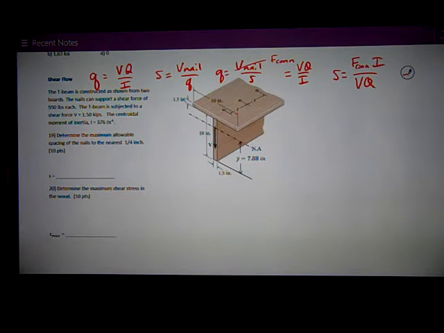Now Q is the tricky one. It's the first moment of area, and in this case it's the first moment of the area of the piece that I'm connecting one to another. So Q from the equation sheet is equal to Y bar prime A prime. Well, A prime is the area of the piece being connected, which is the top board.